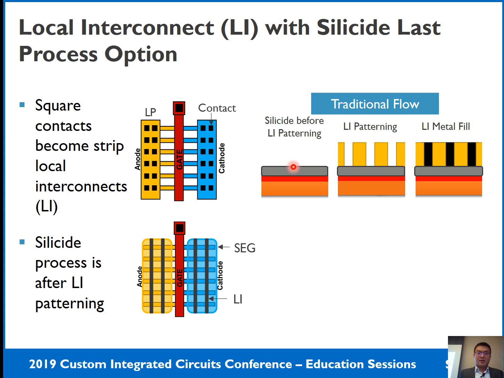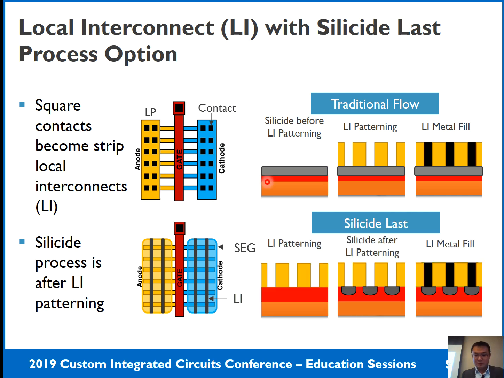But in nowadays technology, the silicide is formed after the local interconnect patterning. So only the opening region will form the silicide. This will cause the localized contact area.